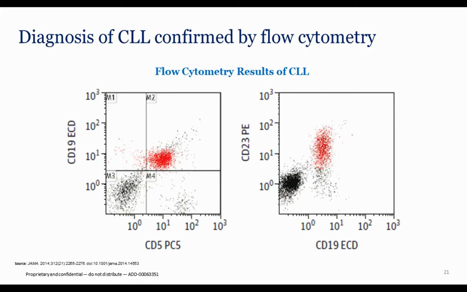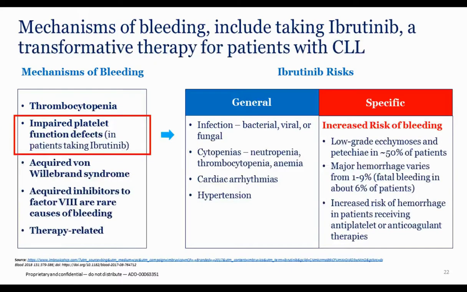So looking at the histogram on the left right here, we see with CD19 on the y-axis and CD5 on the x-axis, we see a population of cells that would express both CD19 as well as CD5. So this would be characteristic of CLL. In addition, these individuals will express either kappa light chain or lambda light chain expression as well.